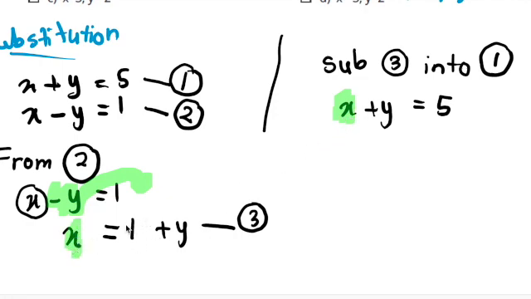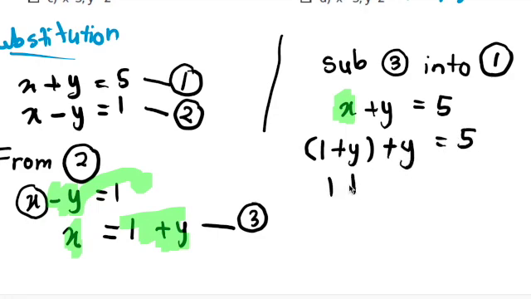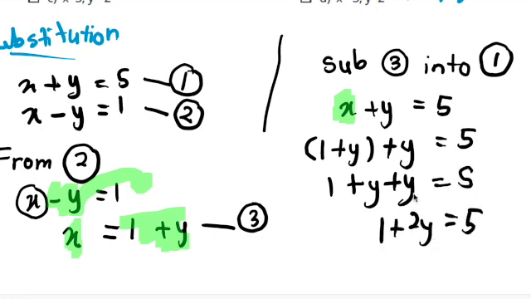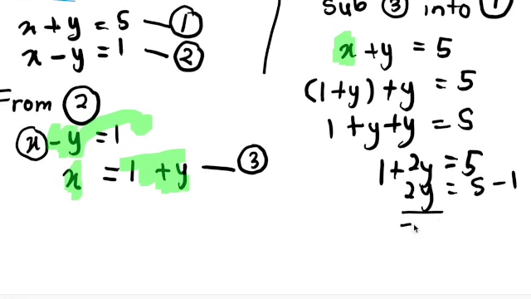And now we need to substitute it with 1 plus y. So x now is bracket 1 plus y close bracket plus y equals to 5. So 1 plus y plus y equals to 5 is 1 plus 2y equals to 5. So 2y equals to 5 minus 1. And we need to divide with 2 here. So y equals to 5 minus 1 is 4. 4 divided with 2 is 2.